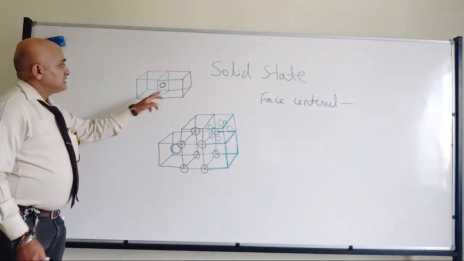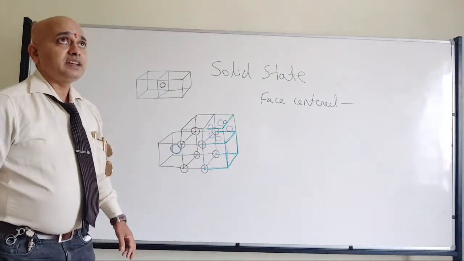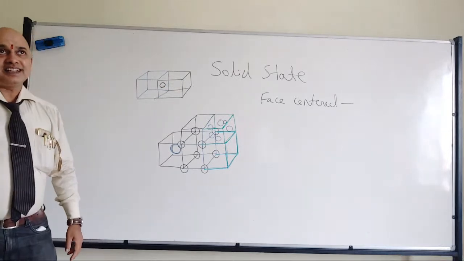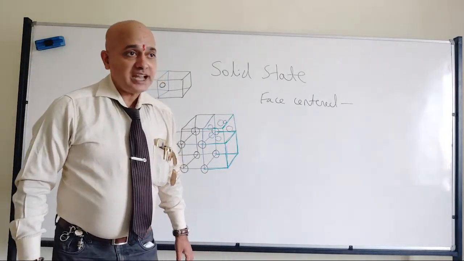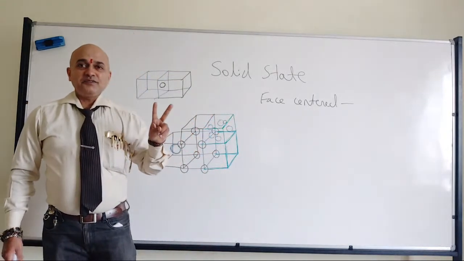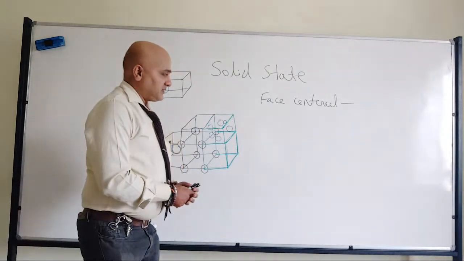Okay, fine. So that's where we have the atoms present in the center of the face, which will be shared by this unit cell also, this unit cell also. So therefore, face-centered atoms will be shared by total 2 unit cells. Fine?